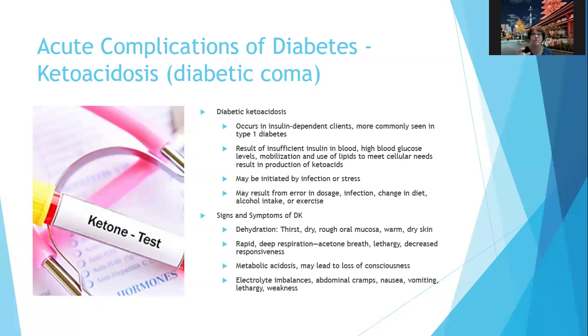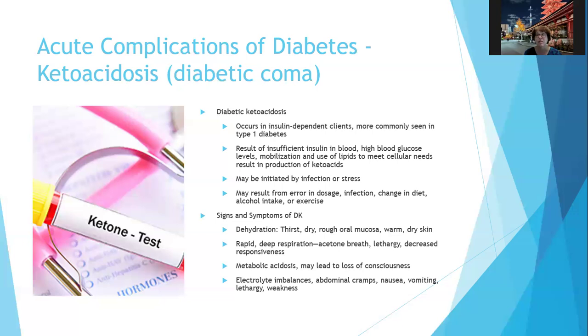If somebody's unconscious and they have a diabetic alert tag, that's how you're going to tell whether it's one or the other. There's also rapid deep respiration, lethargy, and decreased responsiveness. Metabolic acidosis is what's causing the symptoms, and it may lead to loss of consciousness. Other signs are electrolyte imbalances, abdominal cramps, nausea, vomiting, lethargy, and weakness.